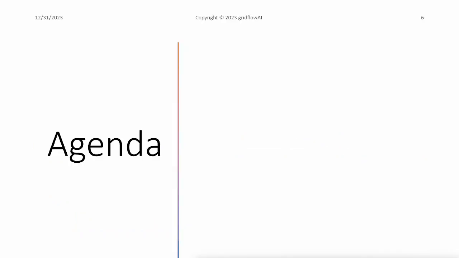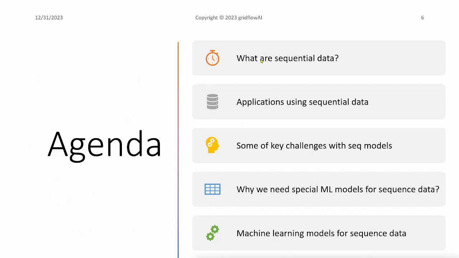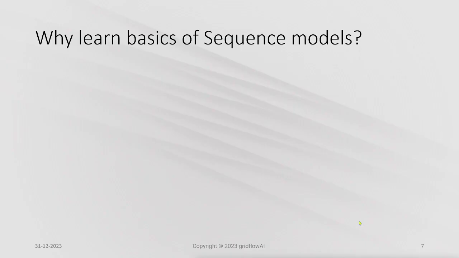The agenda for the discussion: what is sequential data and what kind of applications we build using sequential data, some of the key challenges with sequential data and why we need special machine learning models, and what kind of machine learning models are popularly used to handle sequence data.